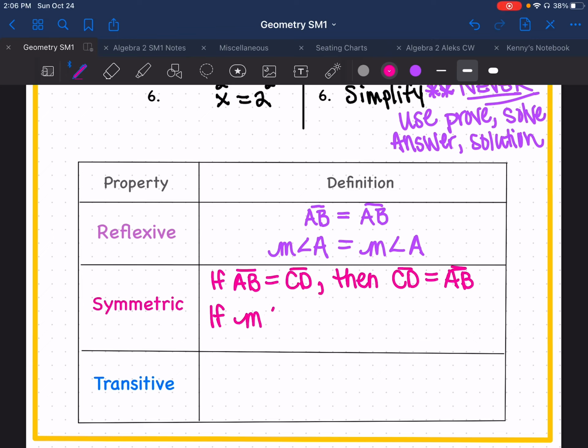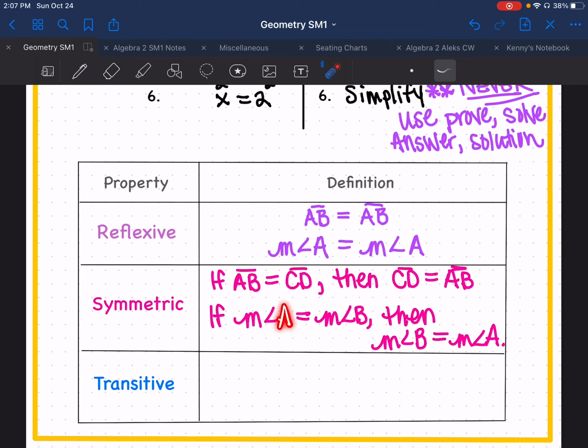If the measure of angle A is equal to the measure of angle B, then the symmetric property says the measure of angle B is equal to the measure of angle A. What this one does is it switches around the order. We started with A equal to B, then we switched it to B equal to A. They just switched spots.